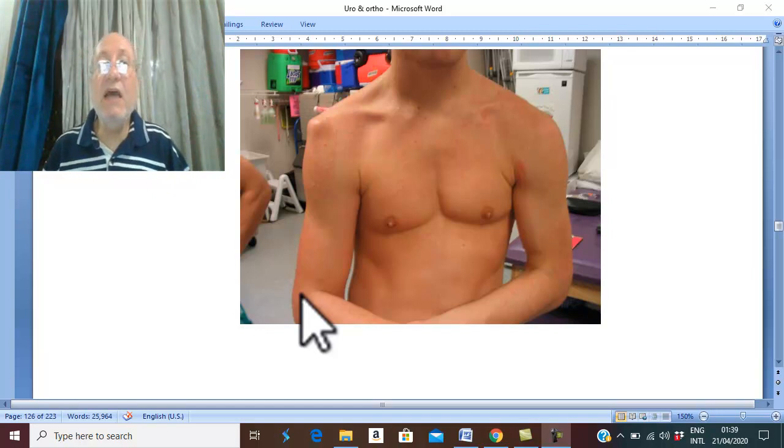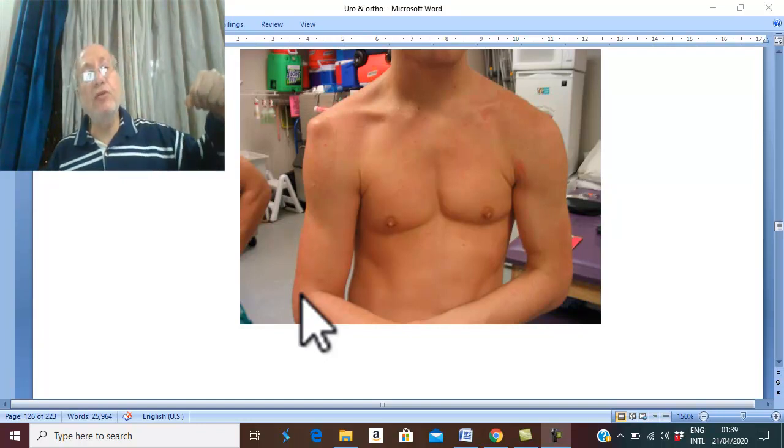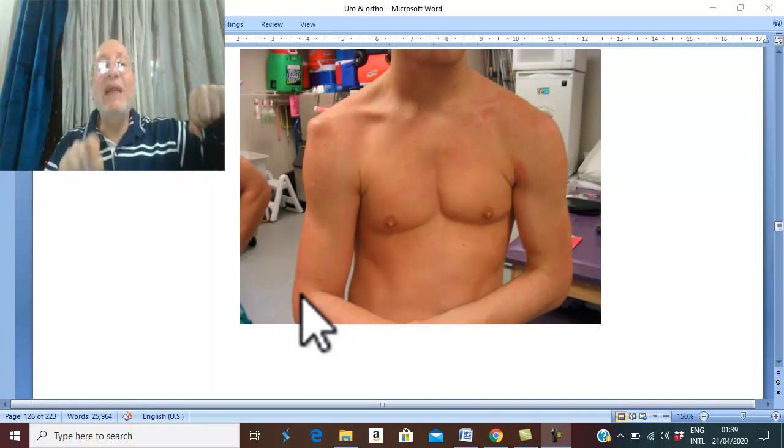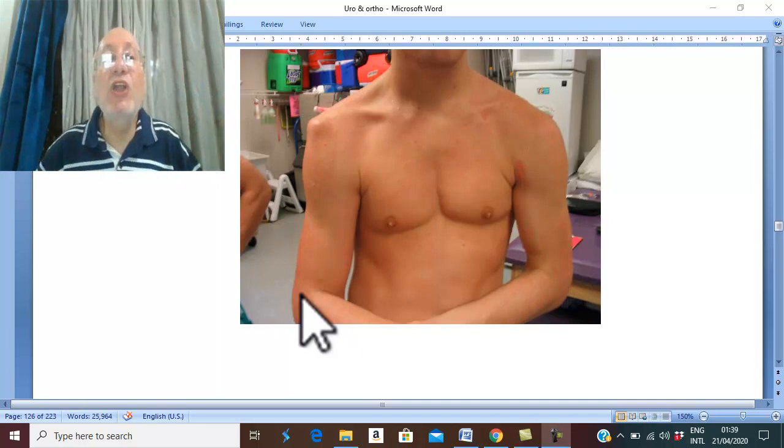If there is failure of initiation of abduction, there is injury of supraspinatus. And if the patient cannot do abduction from 15 to 90 degrees, there is paralysis of the deltoid muscle due to injury of the axillary nerve.